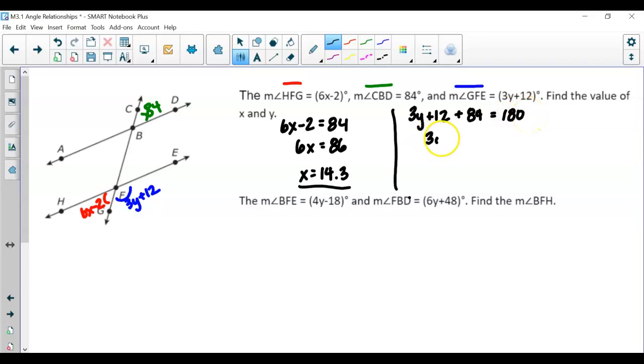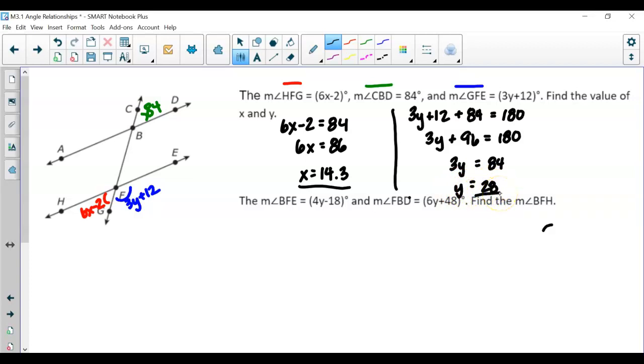So really we're solving 3y plus 96 is equal to 180. Now we need to subtract that 96 from both sides, and you get 3y is equal to 84. Then last, divide that 84 by 3, and you should get that y is equal to 28.